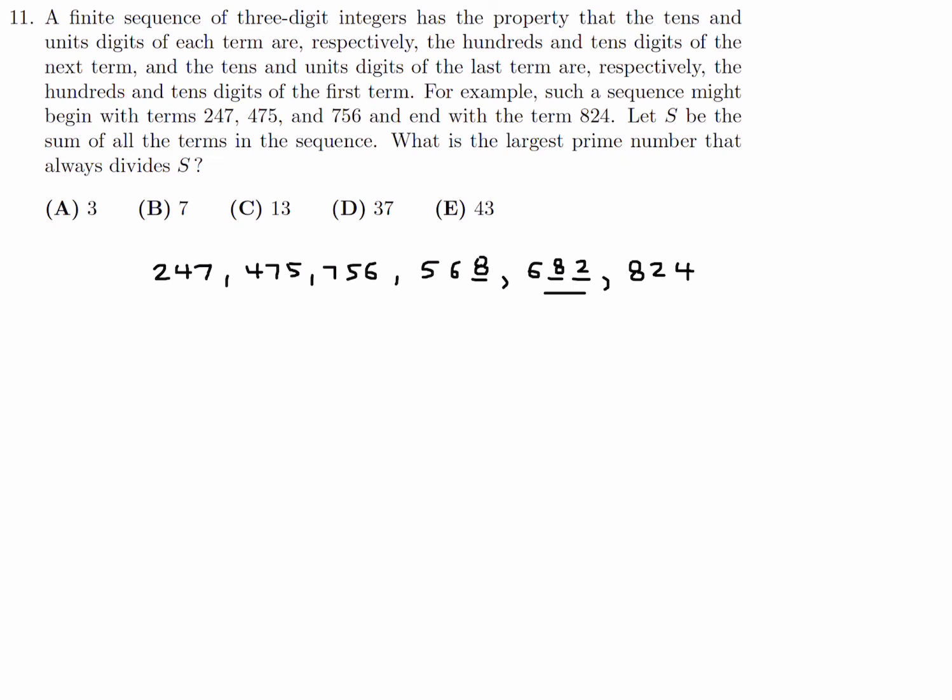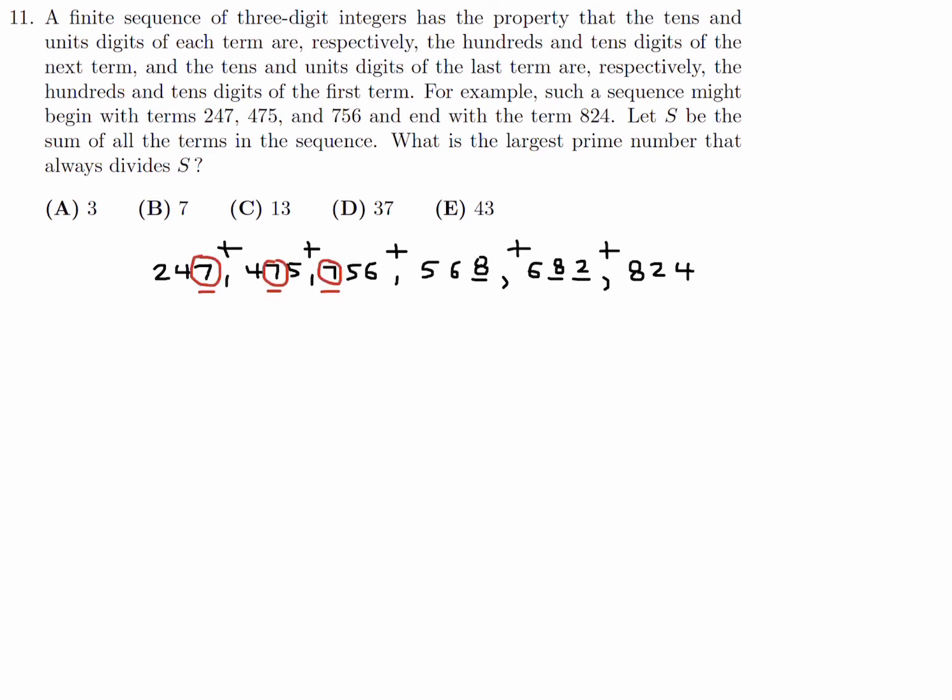So, what is the question asking us? If you add all these up, what will it be divisible by? All right, well, one thing is, instead of adding it immediately like that, let's look at the digits. Since this 7 has shifted over here and then shifted again, it appears 3 times.